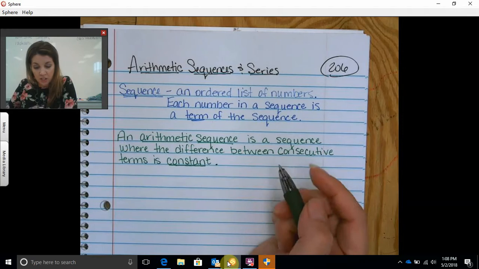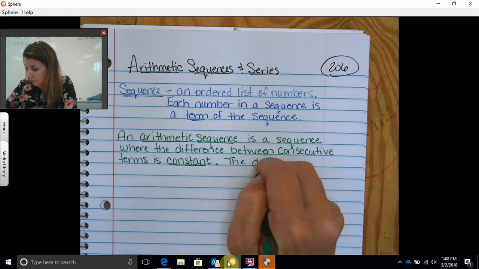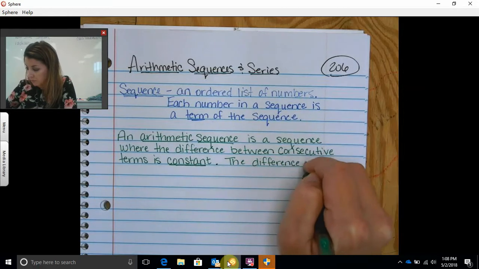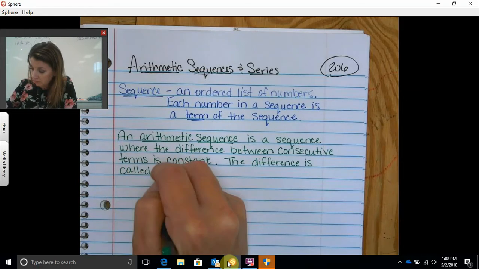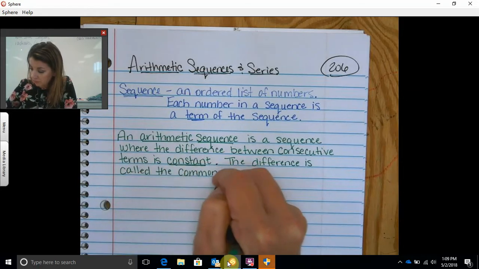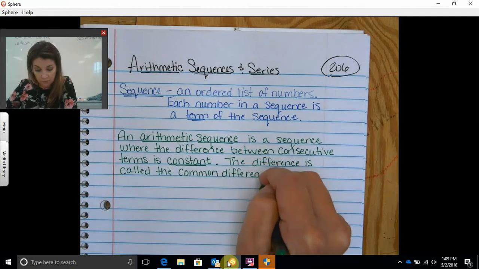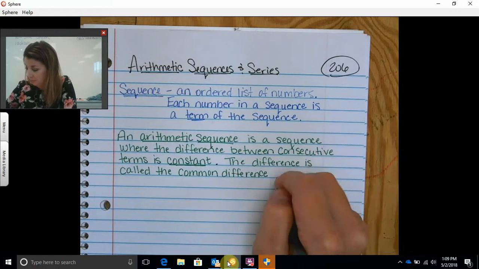The difference is called the common difference, and is referred to as D.